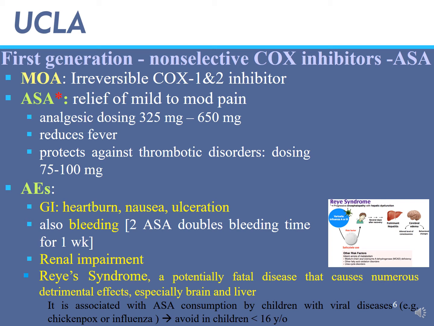This is a potentially fatal disease that causes numerous detrimental effects, especially in the brain and the liver. It is seen in children who have either chickenpox or influenza, and you have a fulminant hepatitis and then cerebral edema. This is why you have to avoid aspirin in children younger than 16 years old.